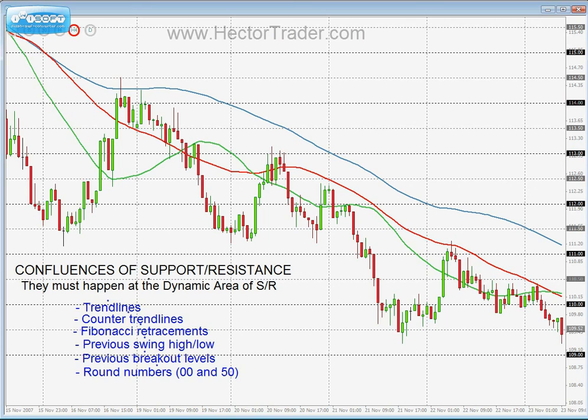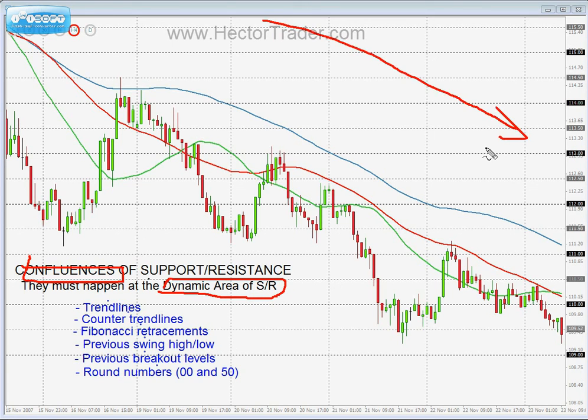For the time being, I just want you to realize the power of these 3 elements, the power of trading a confluence of support and resistance, okay, around the dynamic area of support or resistance in a trending scenario.